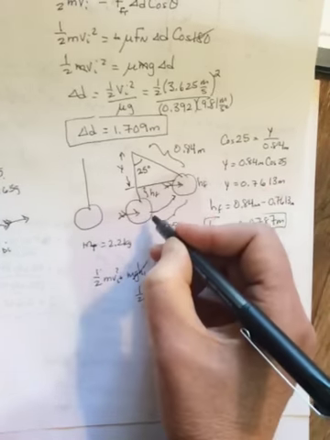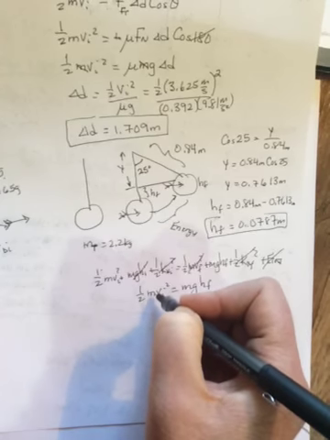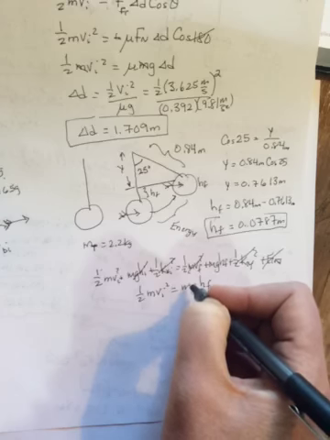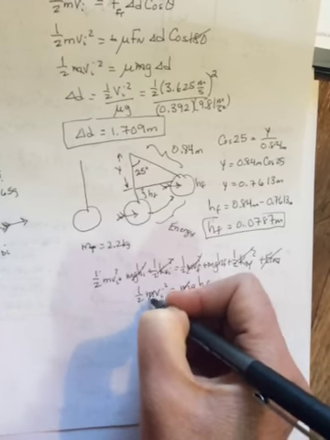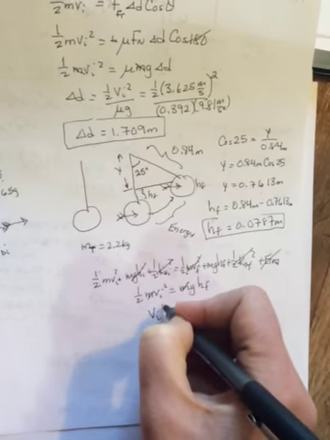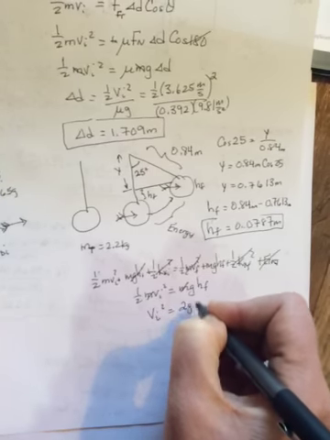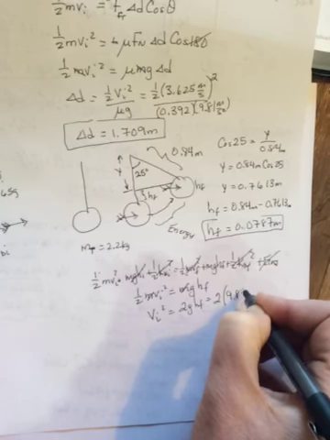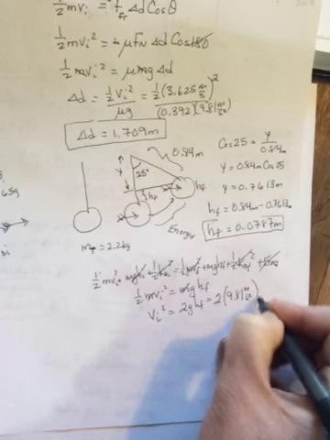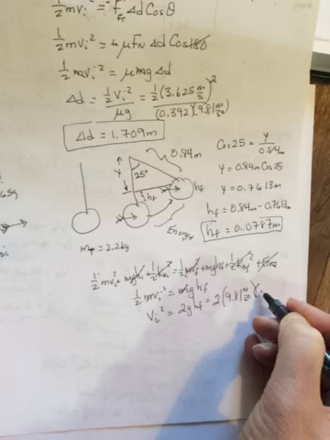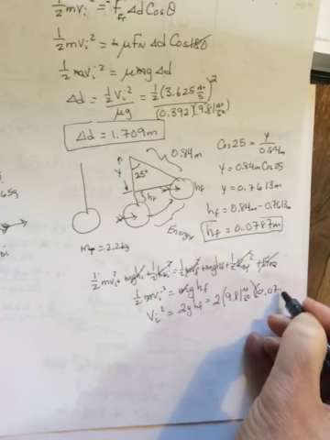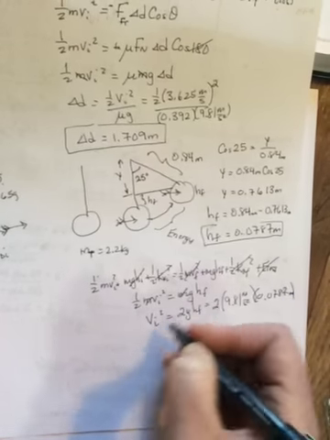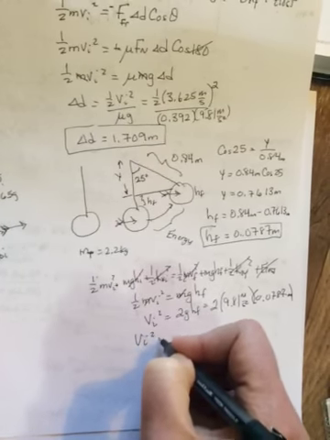In this section, as it swings up, it's the mass of the pendulum and the dart. And when it gets to the top, it's the pendulum and the dart as well. So the m's cancel. You're looking for your v initial, so 2 g h final, so 2 times 9.81 meters per second squared times that 0.0787 meters.